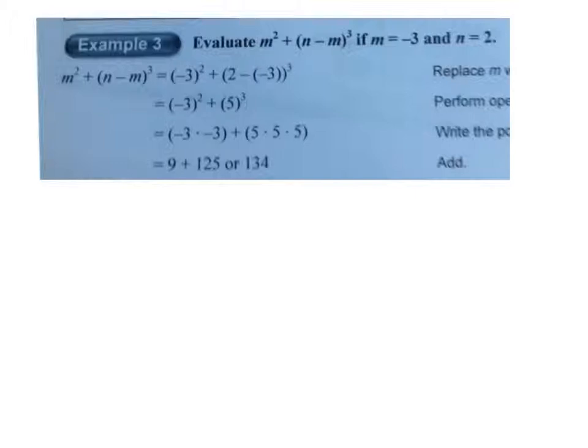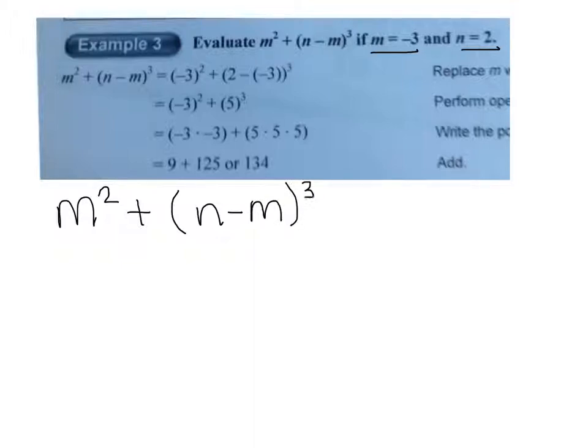So what we're going to do is use the property of substitution. We are told to let m equal -3 and to let n equal 2. So we're going to take that problem, m to the second power plus the quantity of n minus m that is raised to the third power.